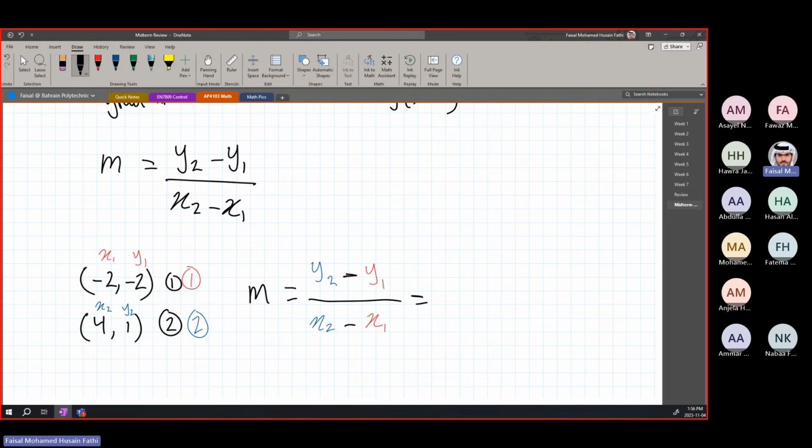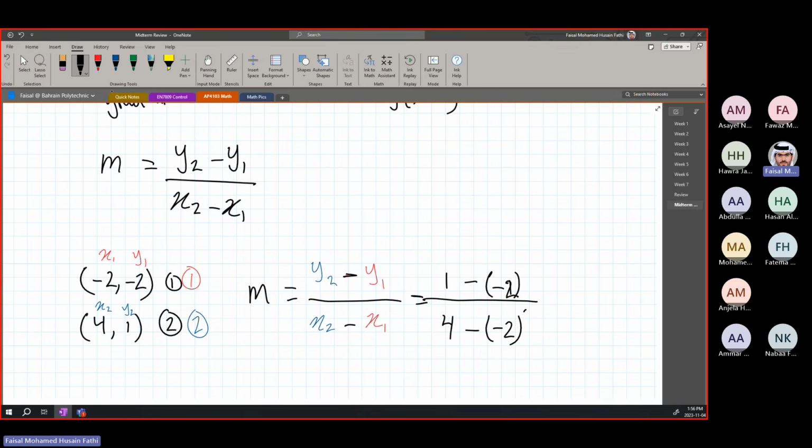Okay, m is equal to, in this case, y2 is 1 minus y1, which is minus 1, so open parentheses 1 minus minus 1, minus 2. Okay, minus 2 over x2, which is 4, minus, again, there is a negative sign inside, so minus 2 for x1.